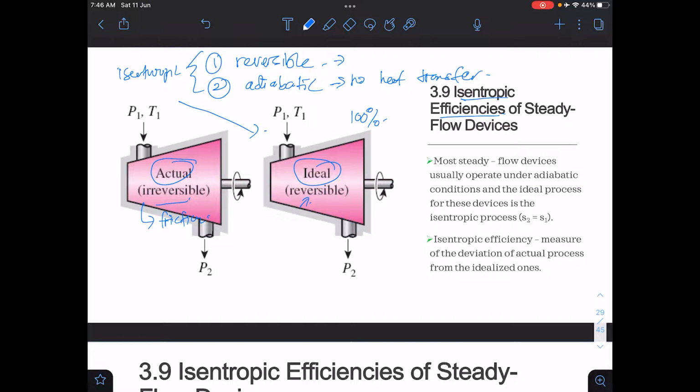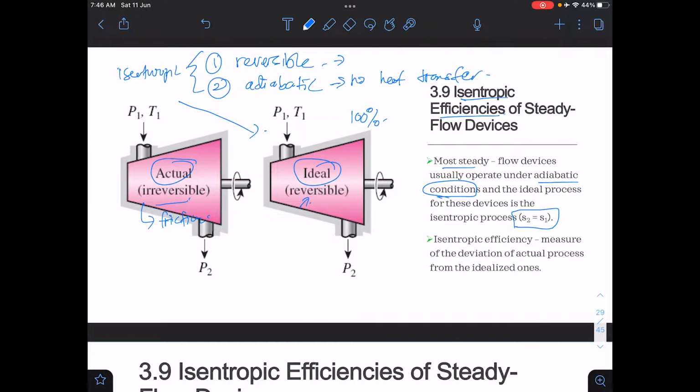Most steady flow devices usually operate under adiabatic conditions, so this is the normal condition. To achieve the adiabatic process, we just need to do proper insulation, and for the ideal process, you will end up with isentropic, and when you calculate the entropy, the value of S1 will be equal to S2.